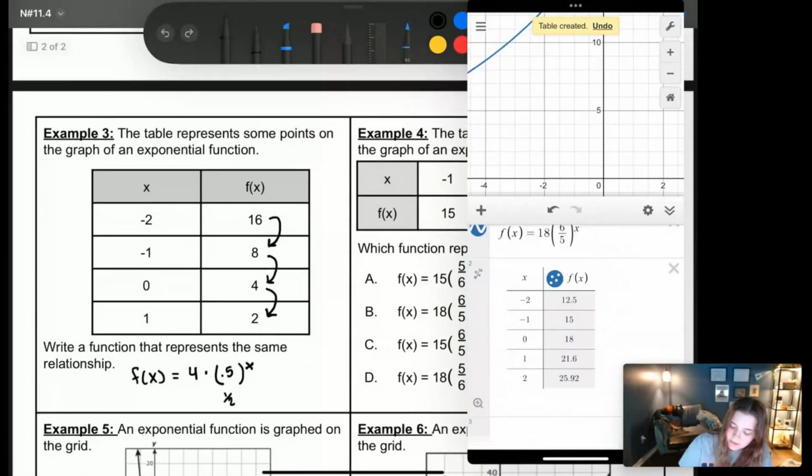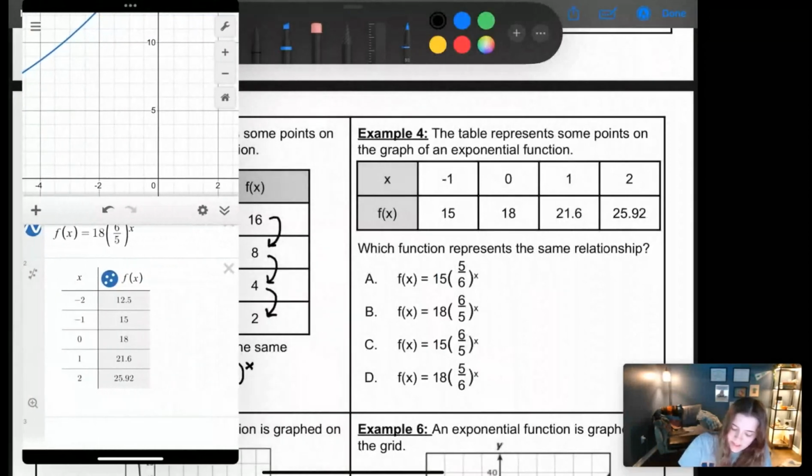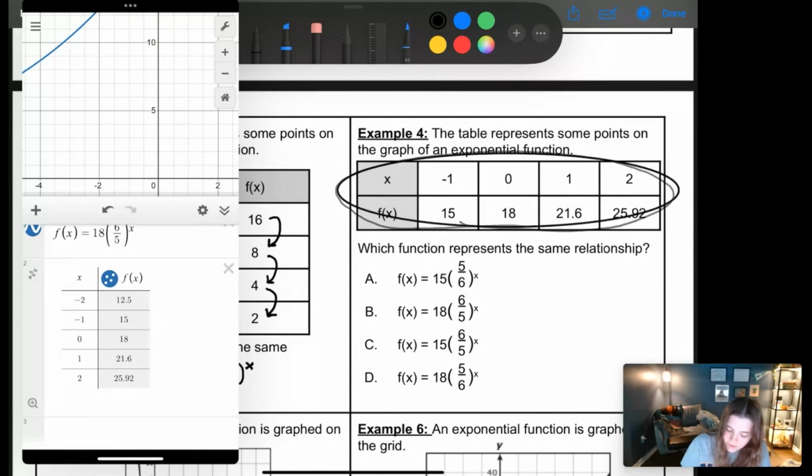Notice, oh, move my Desmos. Is this table that it created the same as this table here? Well, let's take a look. We've got -1, 0, 1, 2. Okay, we have 15, 18. So this is actually correct, which I really did not do on purpose. It was an accident.